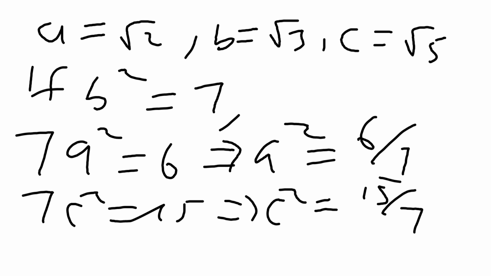But does it satisfy the middle term? a squared c squared is 6 over 7 times 15 over 7, which is equal to 90 over 49, which is not equal to 10. Therefore, the middle term is not satisfied, and so b squared equal to 7 is not our expected value for b squared.